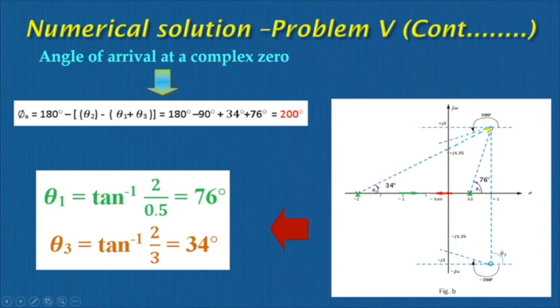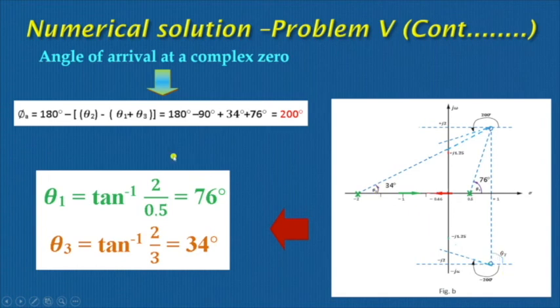If we consider this as the test point, then it is connected to the other zeros and poles by straight lines. Then this angle is theta 2, this is theta 1 and this is theta 3.